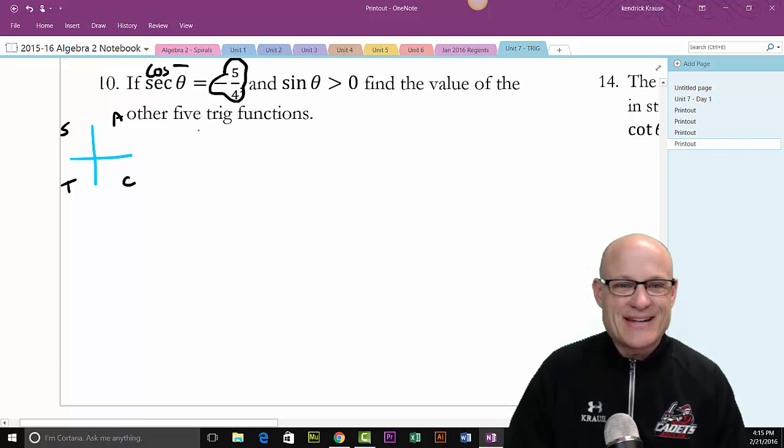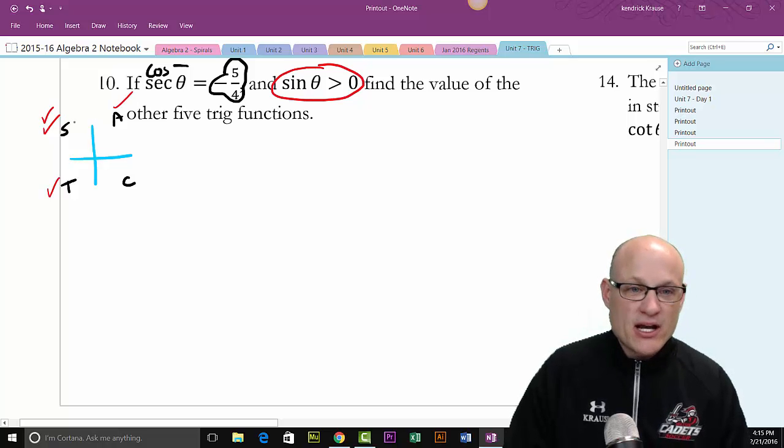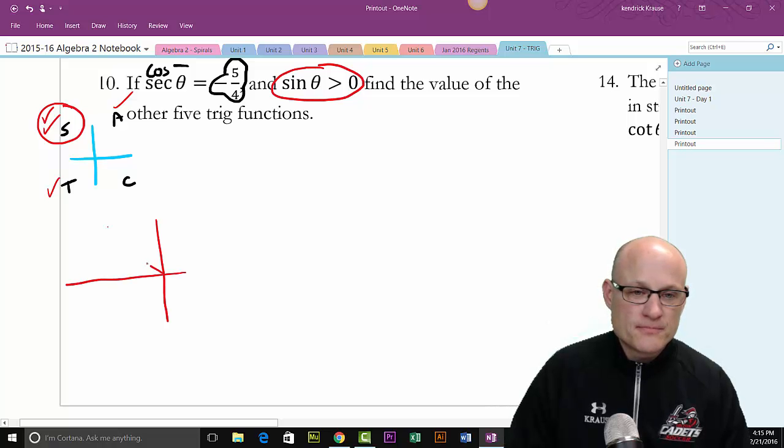I know cosine is negative, so I need to figure out which quadrants cosine is negative. Cosine is negative here and here. Sine, remember this doesn't mean greater than 0, it means positive. Sine is positive here. So I don't have to go any further. I'm in quadrant 2, so I'm going to draw my triangle in quadrant 2. Don't really care what it looks like.